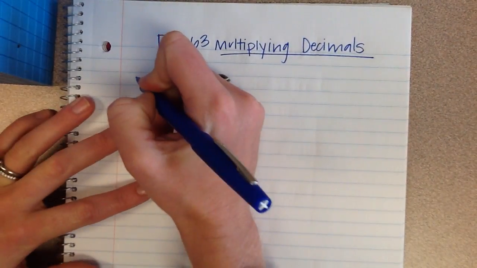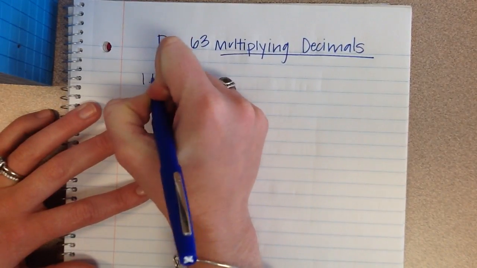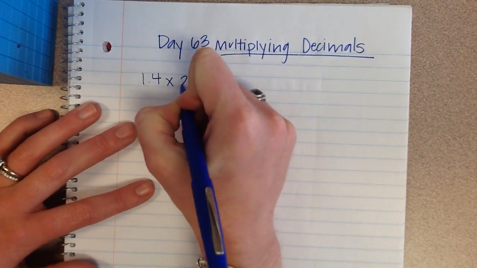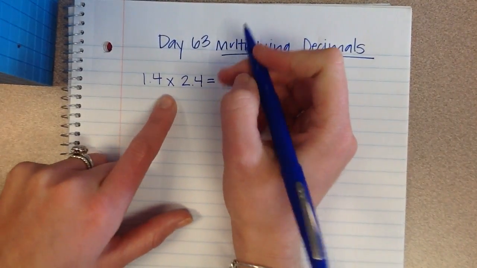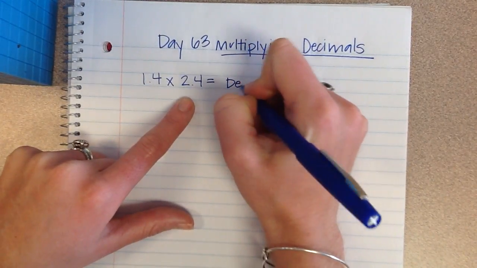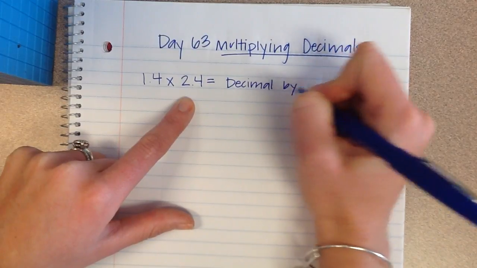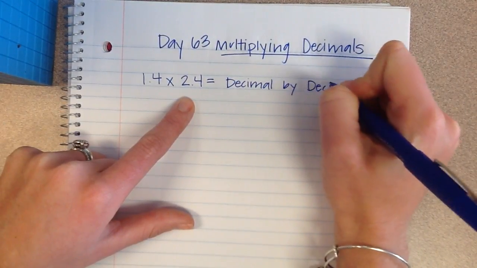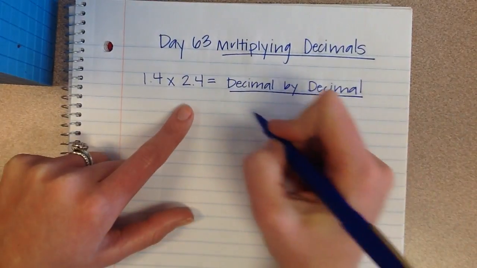If you are doing, say, 1.4 times 2.4, here, what you would do, because it's decimal by decimal, these are the methods I would use.